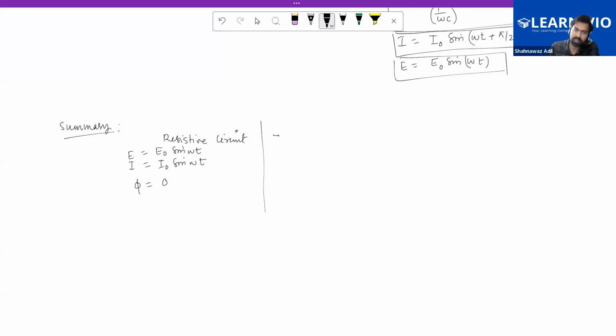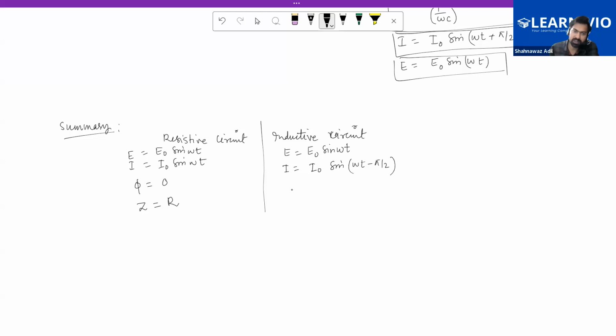In the case of an inductive circuit, I have to write the reactance also. So let me write it as Z; this is simply R. For the inductive circuit, this is the supply voltage that we are providing, and the current that we are getting is I naught sine omega t minus pi by 2.